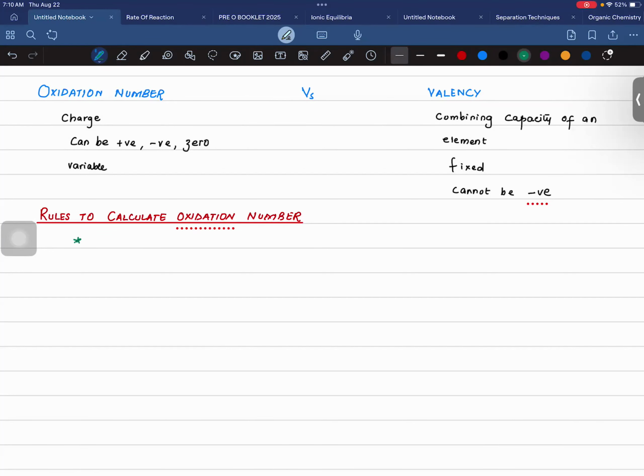Number one, the oxidation number of a single element is 0.